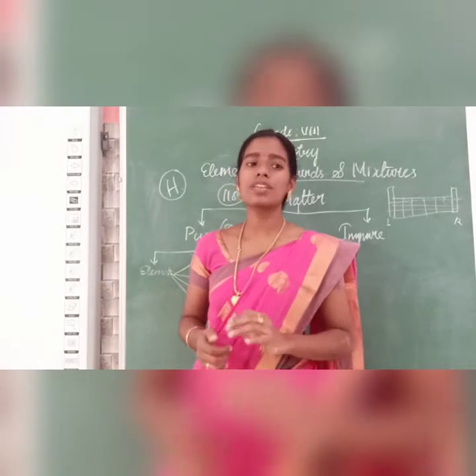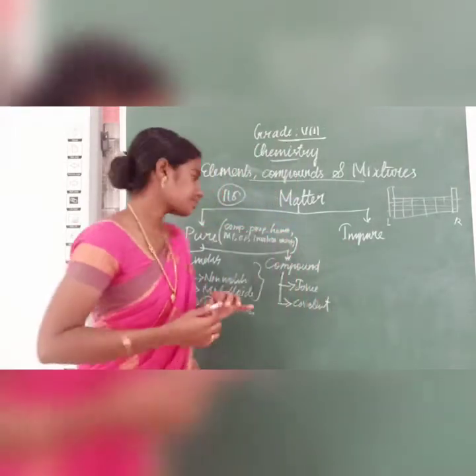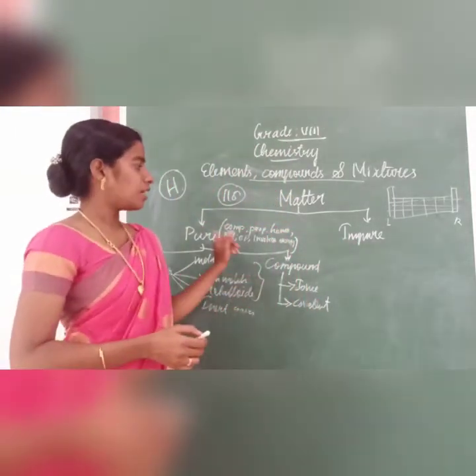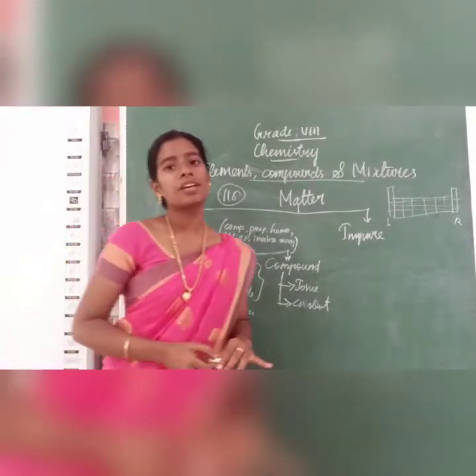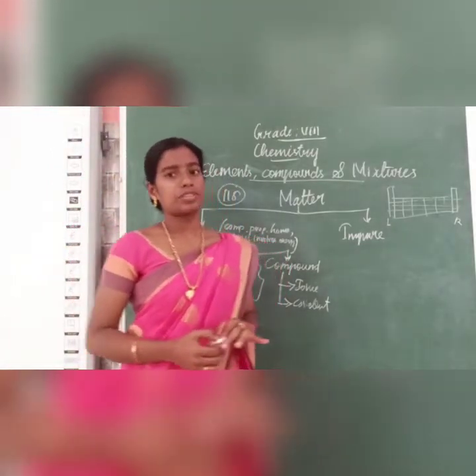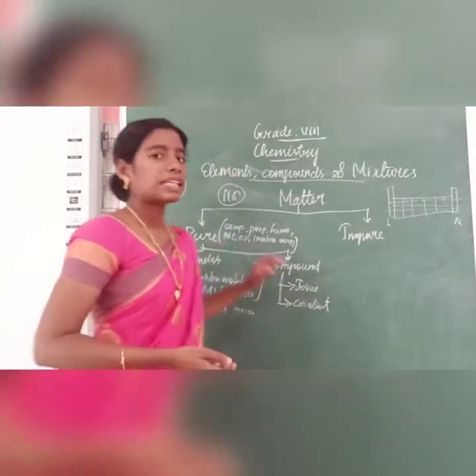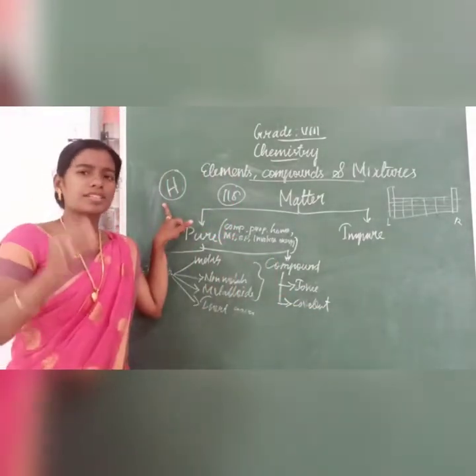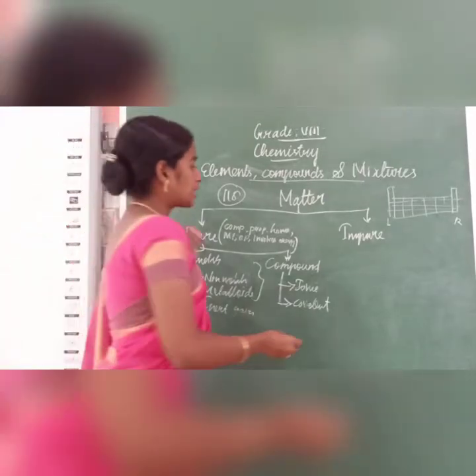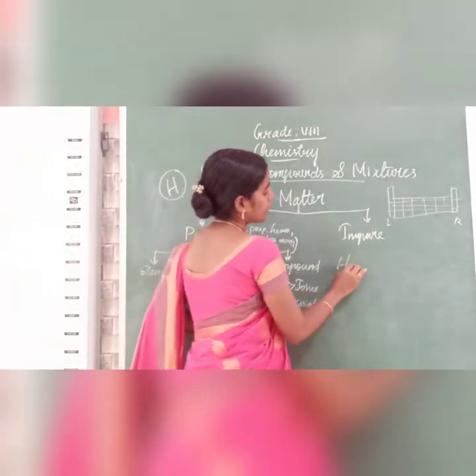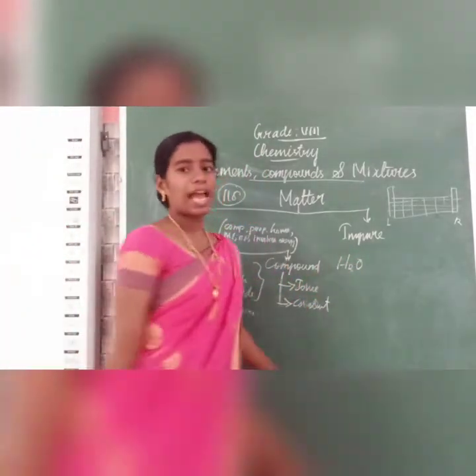Then the next one is compounds. The other type of pure substance is compound. What's a compound? Compounds will be a combination of two or more atoms.